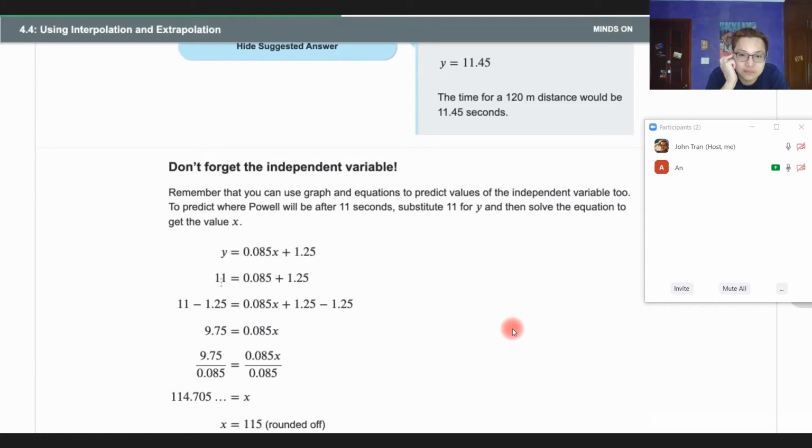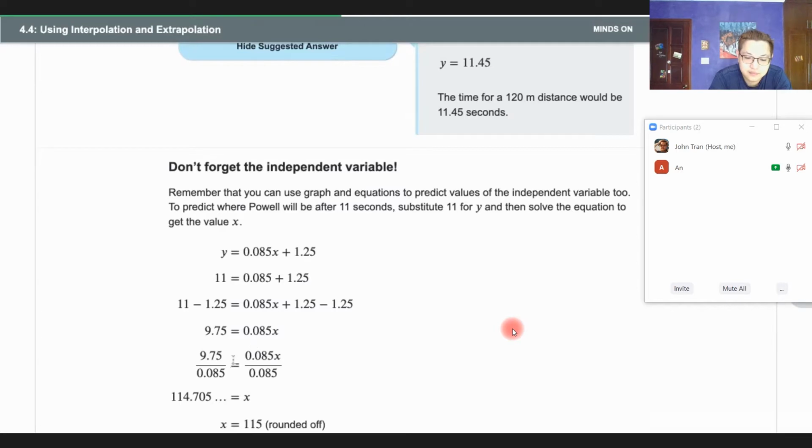So 0.085x plus 1.25, and you substitute y for 11. You bring the 1.25 over and subtract it, so it's equal to 9.75 equals 0.085x.